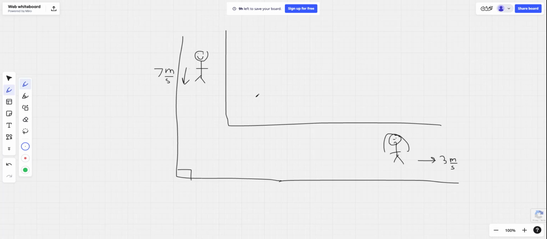Let's say at this instant, the freshman is 8 meters away from the intersection. The super senior is 6 meters away from the intersection, and we want to find the rate of change of the distance between them. So that is our unknown here.